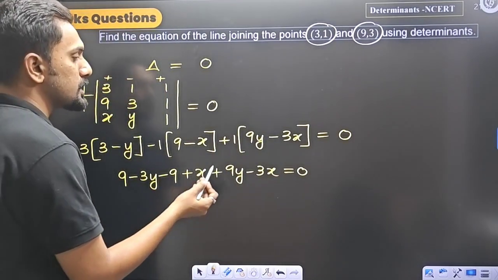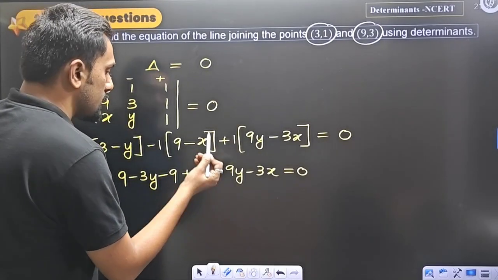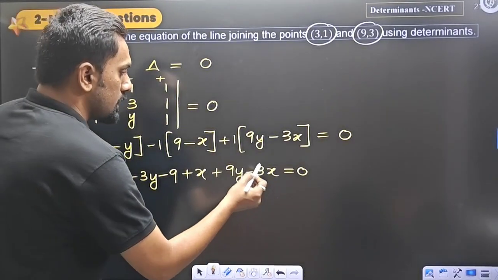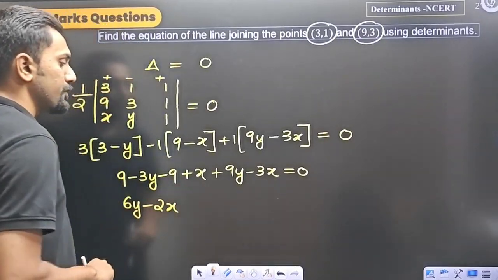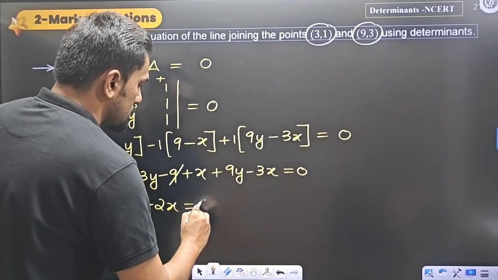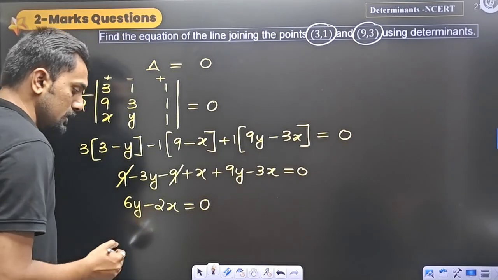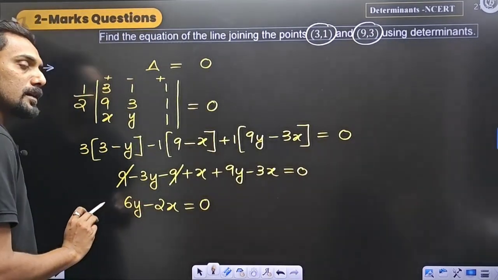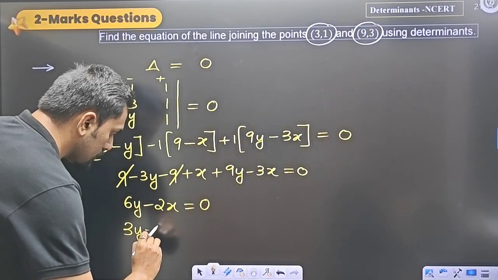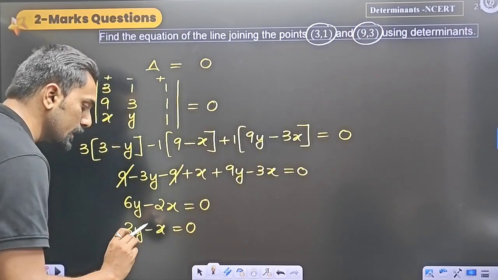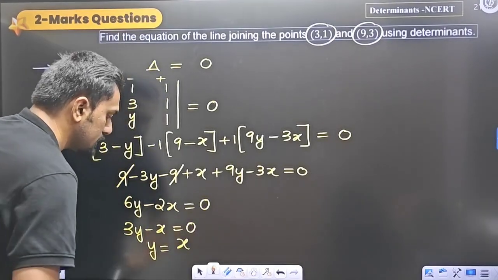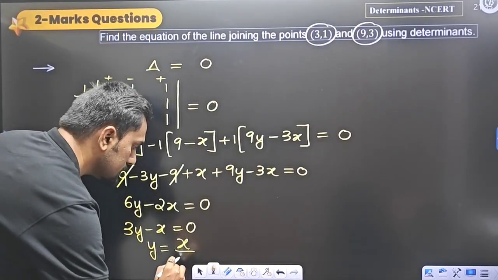Yes, now let us add and subtract similar terms. 9y minus 3y will be 6y. Next, plus x minus 3x, that is minus 2x. Next, plus 9 and minus 9 get cancelled, right? And that becomes equal to 0 because we are left with only 0. So if you want to simplify this further, you can take 2 common from this expression or divide throughout by 2, then that becomes 3y minus x equals 0, or else y is equal to, first let me shift this x to that side, then it becomes plus x. If I shift this 3 to that side, then it becomes divided by 3.